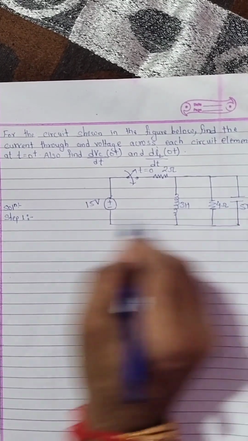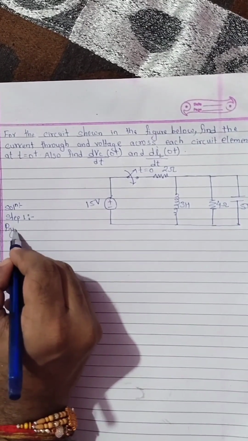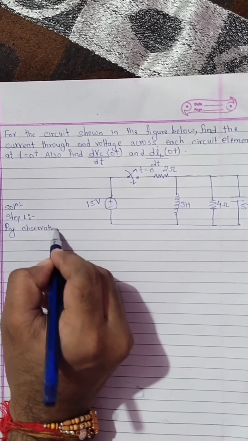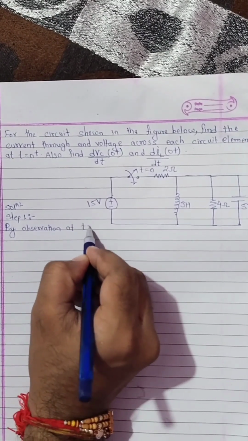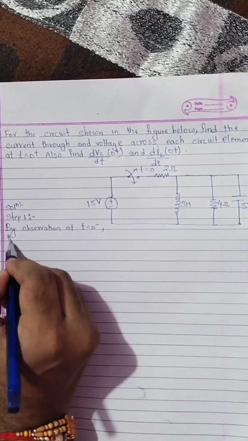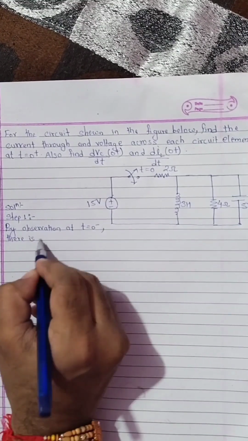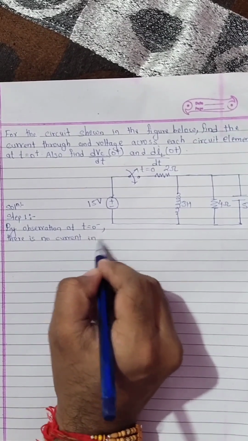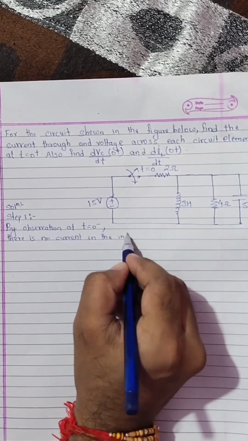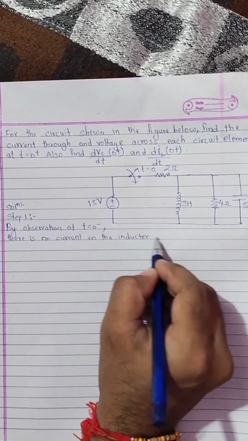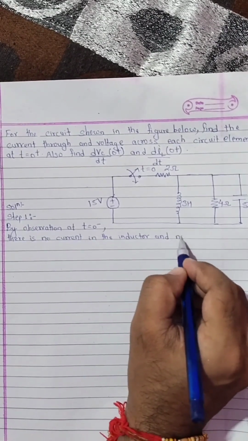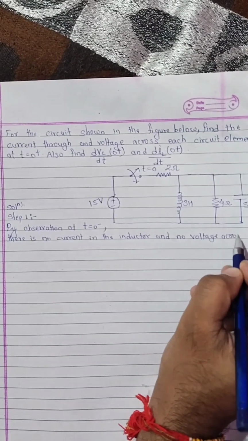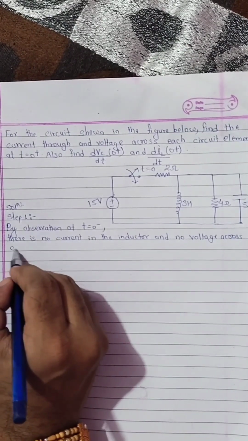So by observation, at t equals to 0 minus, there is no current in the inductor and no voltage across the capacitor.